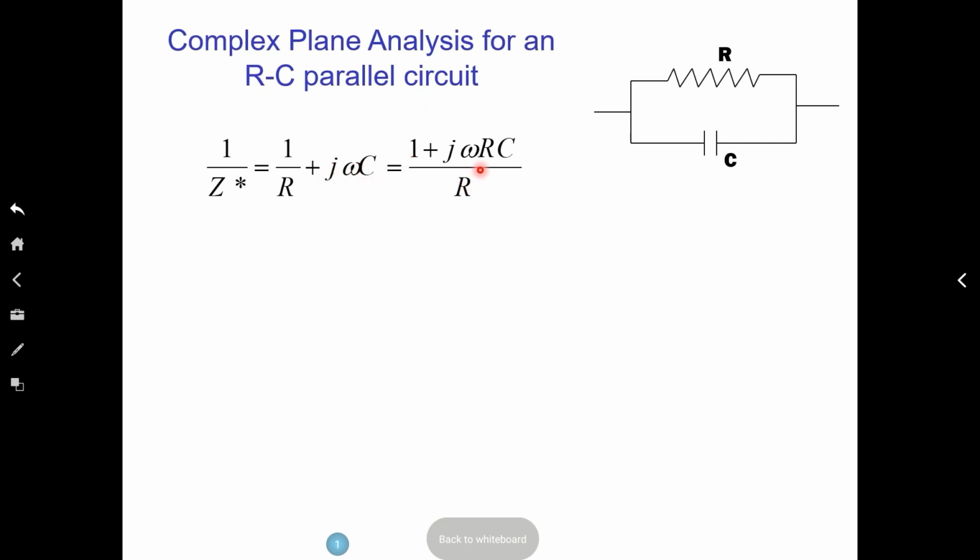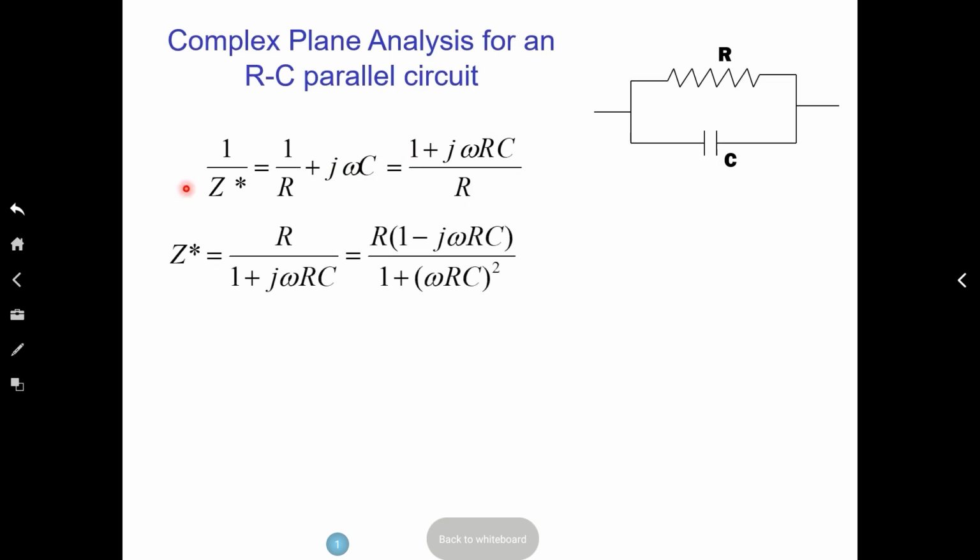Simplifying. Now, we are interested in impedance. Impedance will be simply the inverse of that. This is going to be R divided by that. Now, all you have to do is, you know that this is a complex quantity, so you need to separate the real part from the denominator. The way we do it mathematically is to multiply the numerator and denominator by the complex conjugate.